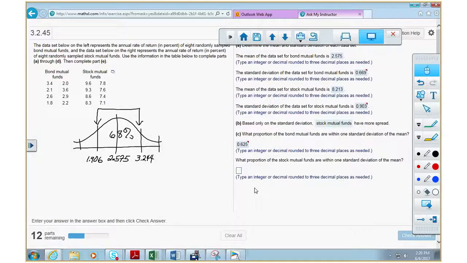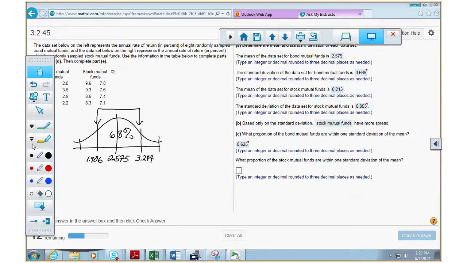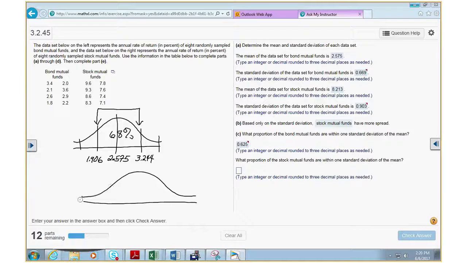What proportion of stock mutual funds... now y'all do stock mutual funds, I'll put your standard deviation up here. Y'all do the calculating for me. The mean is 8.213. The low end is 7.31. 7.3.